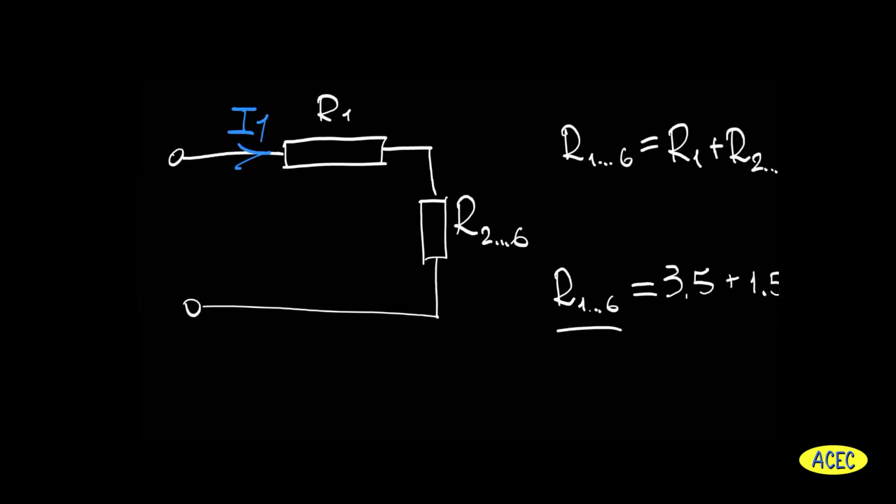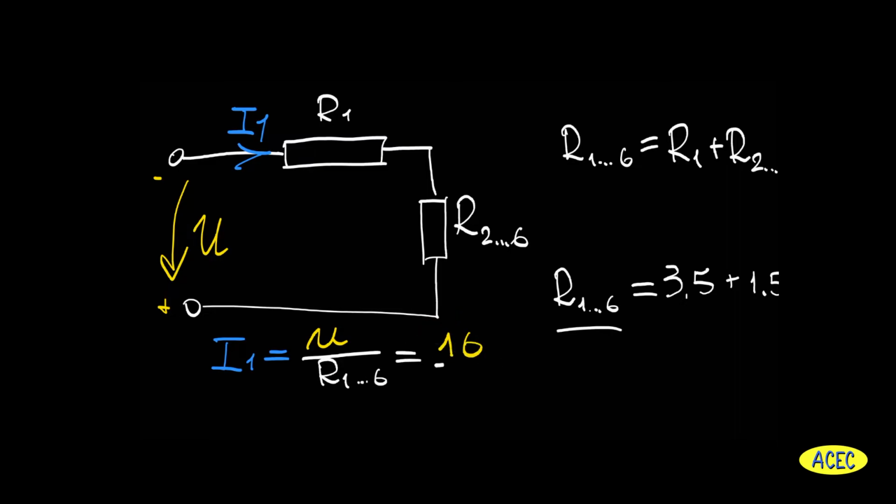We remember that we have input voltage U and input current I1. How can we find this input current? We use Ohm's law, and I1 is U divided by R16. And its value will be 3.2 amps.